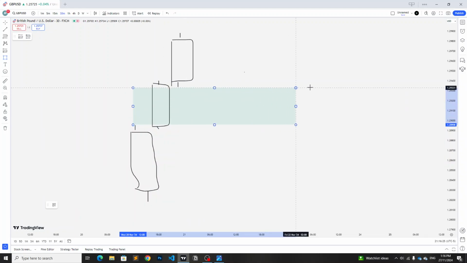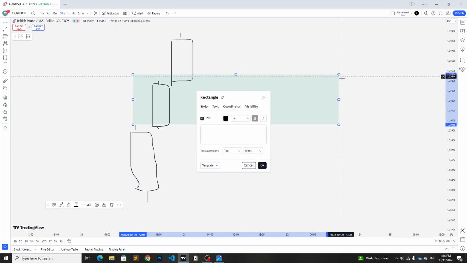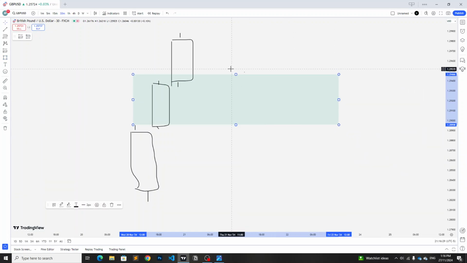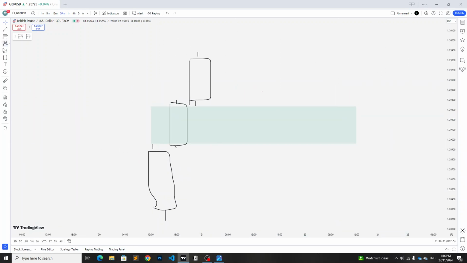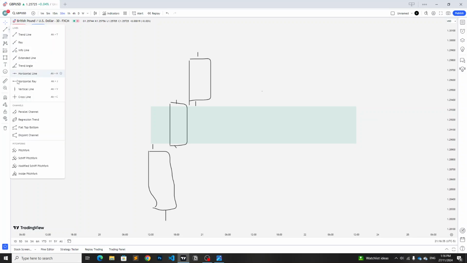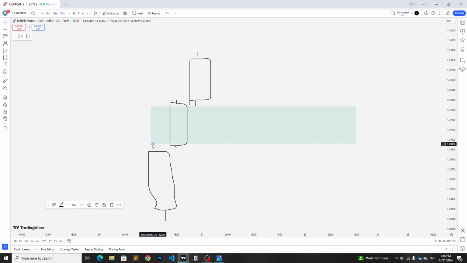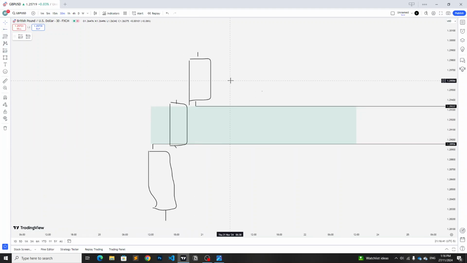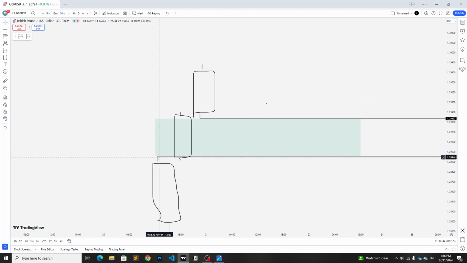From that to that, that's a fair value gap. So you draw a fair value gap from the first candle's high to the third candle's low. That's it. From there to there, you start from here, inside here.